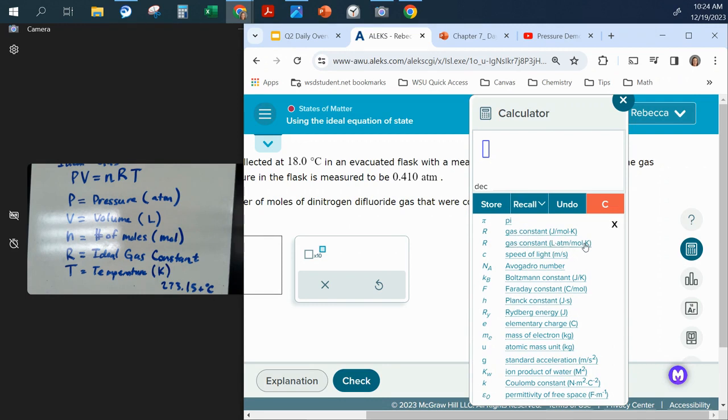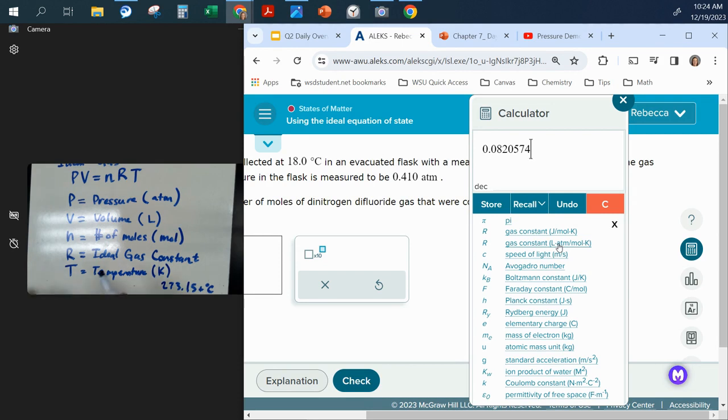That makes more sense for us. We are not using the one with energy. That's not ours. So make sure you're looking here. And this will tell you, oh yeah, I need my volume to be in liters. I need my pressure to be in atmospheres. I need my N, number of moles, to be in moles. And I need the temperature to be in Kelvin. So that's a good way to check if you can't remember, oh, what was my pressure supposed to be in? You can look at the gas constant, okay?